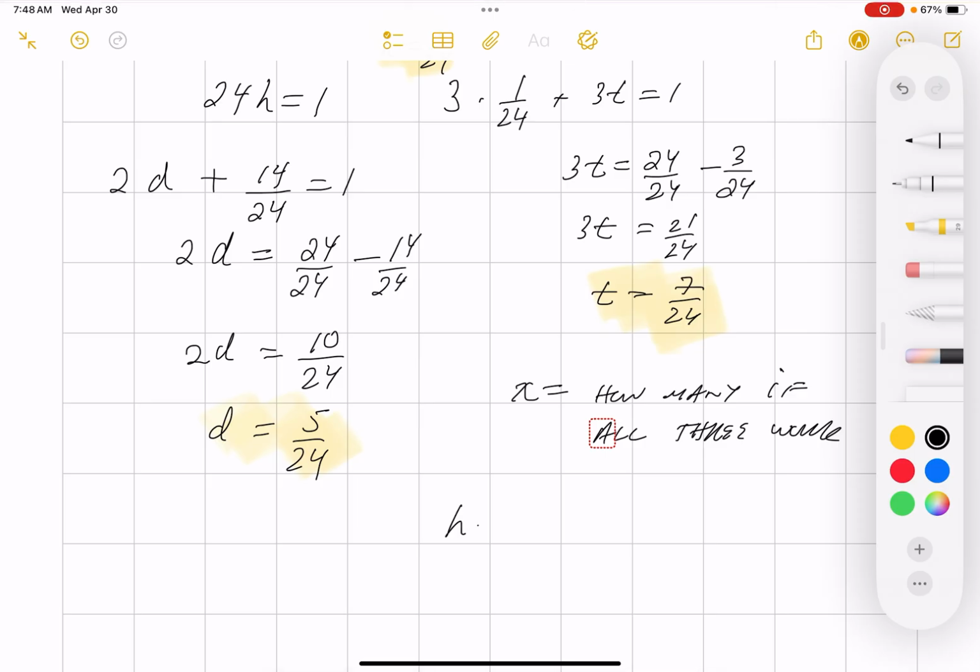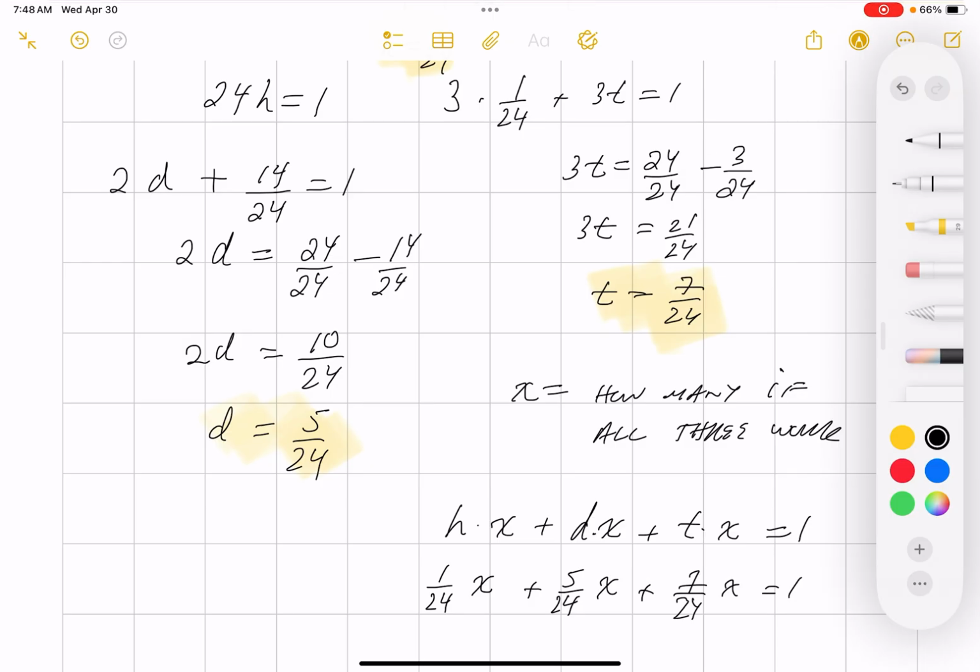H times X, that's Harry's rate times the number of hours, plus D times X, that's Dick's rate times the same number of hours, X, plus T times rate times X, and that would equal 1 job. Well, do I know what H is? Yeah, it's 1 over 24. Do I know what D is? It's 5 over 24. Do I know what T is? It's 7 over 24.